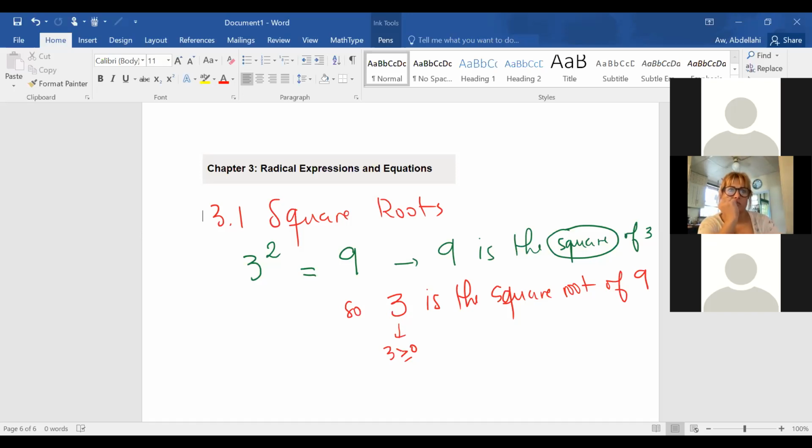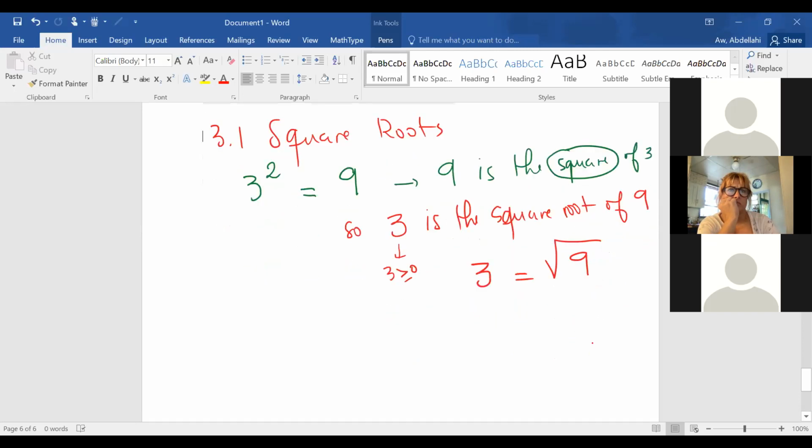And we note here, we write 3 is the square root of 9. You see, when you write this, the two numbers have to be positive. 3 has to be positive, and 9 has to be positive, both of them.